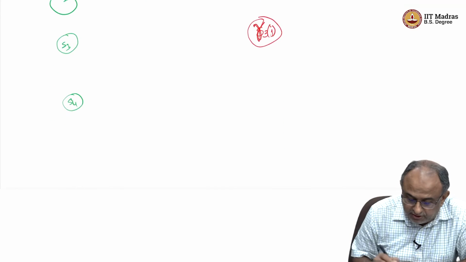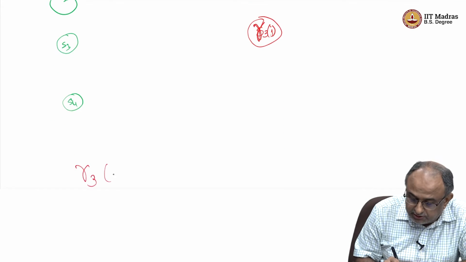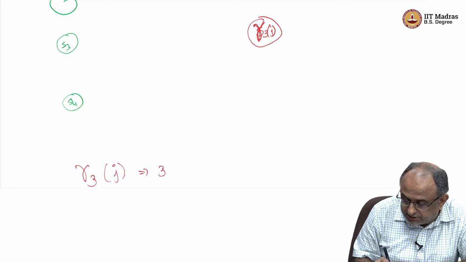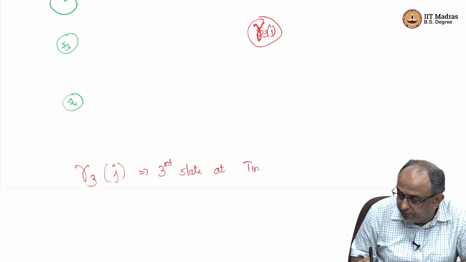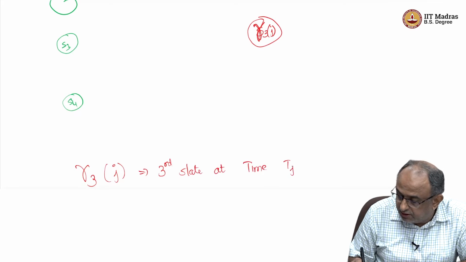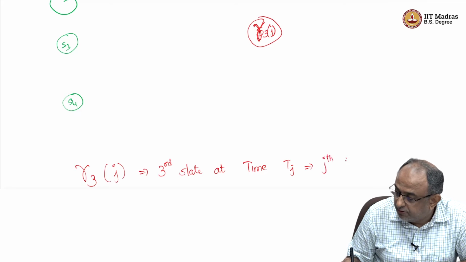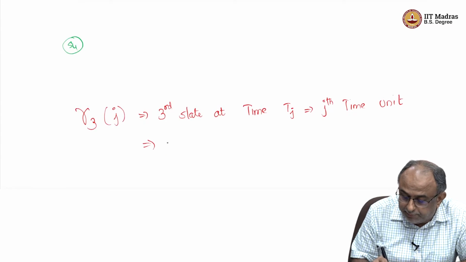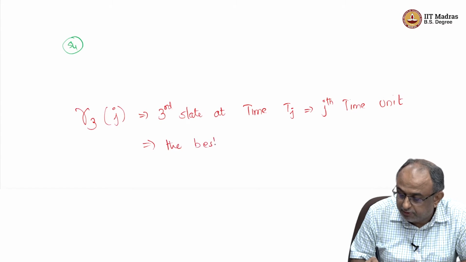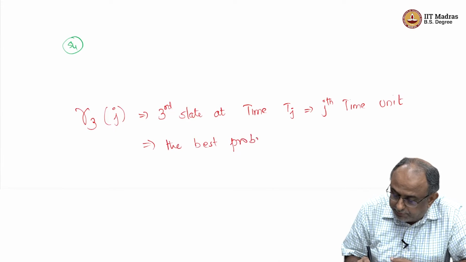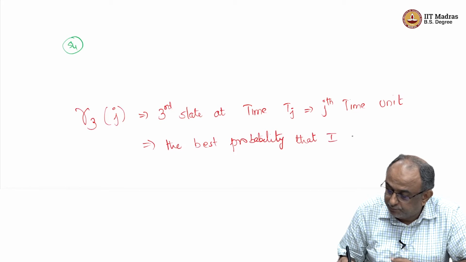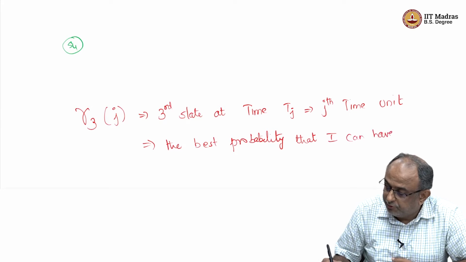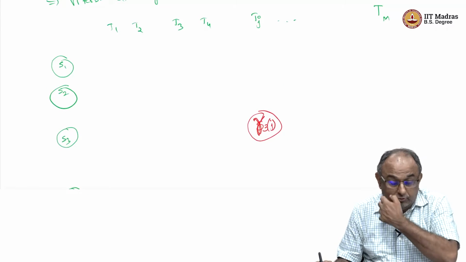So, what this means is I try to find gamma 3j, which is the third state at time tj, or the jth time instant, the best probability that I can have. So, to do that, what does it mean?